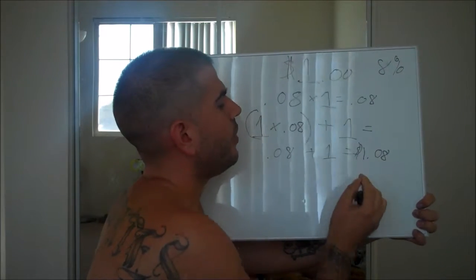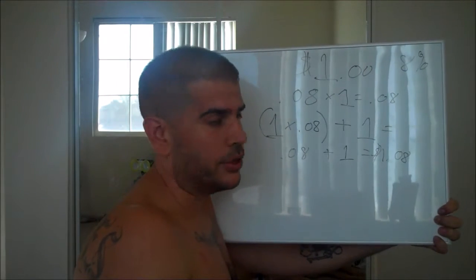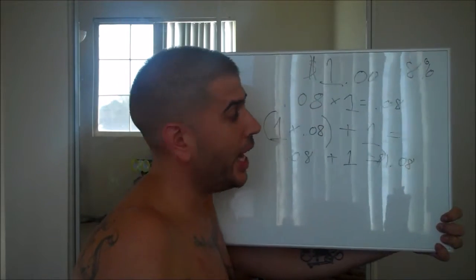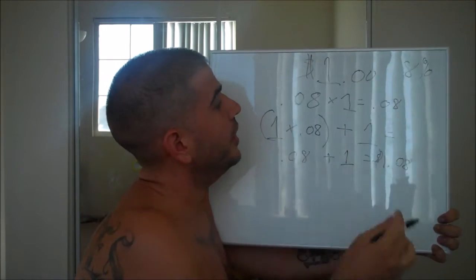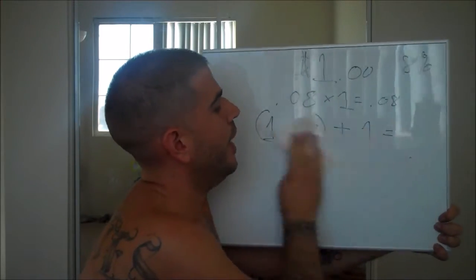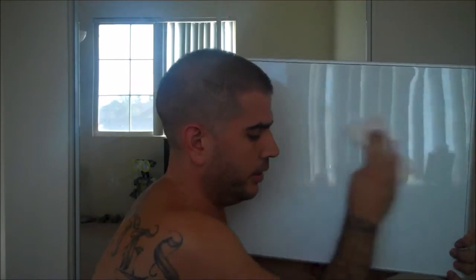So that's how you do it if you know all the numbers. You know how much your sales tax is, you know the price of the item. You can just plug in the blanks and do the math, okay? But these are what the blanks look like.